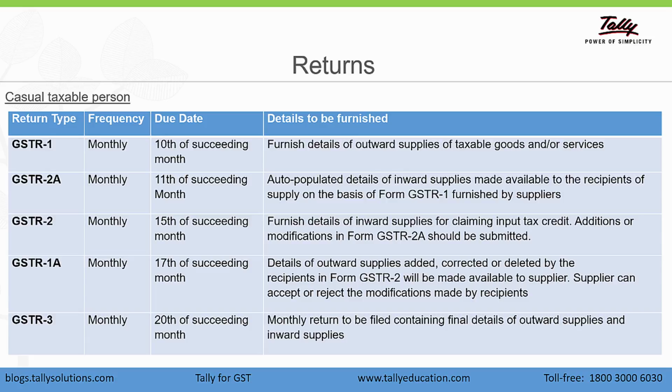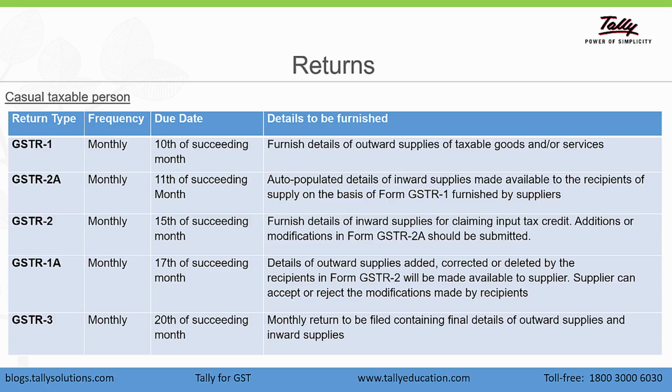On the 11th of the succeeding month, Form GSTR-2A will be made available to the person containing details of inward supplies on the basis of Form GSTR-1 furnished by the person's suppliers.